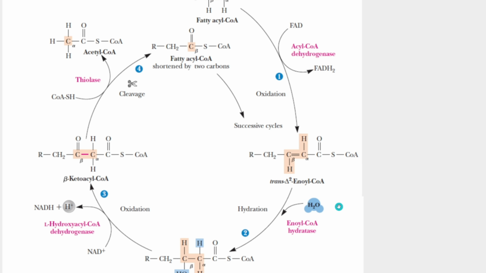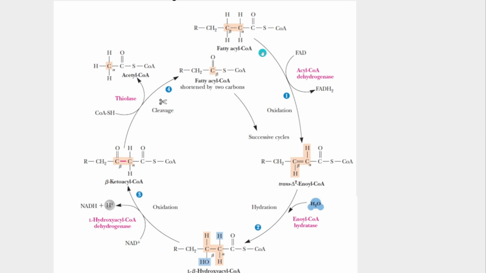The product has the trans arrangement at the double bond. This reaction is catalyzed by the FAD dependent alkyl CoA dehydrogenase. So what is the purpose of the first reaction? It is actually to form a double bond. So this is the oxidation reaction.